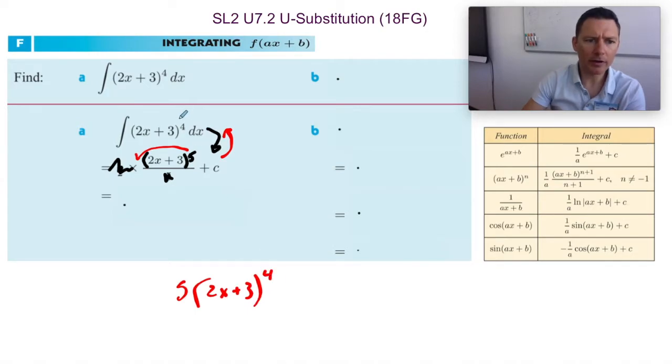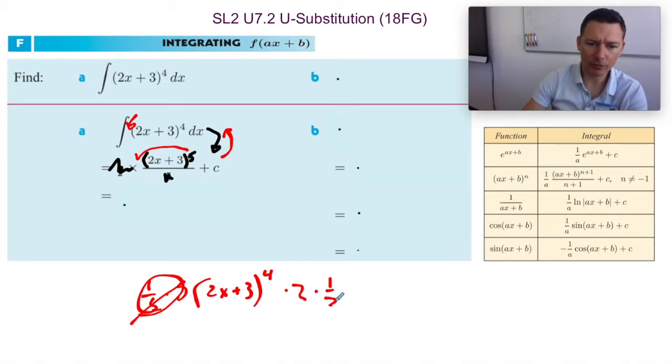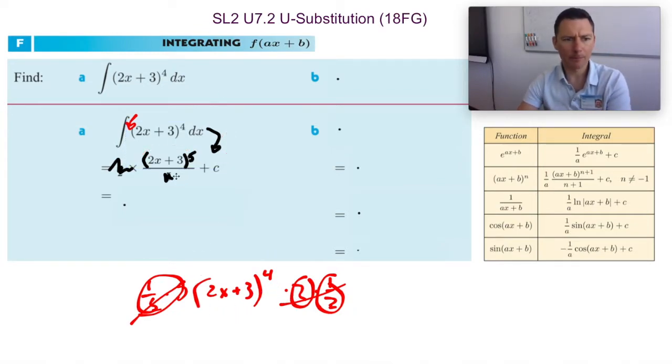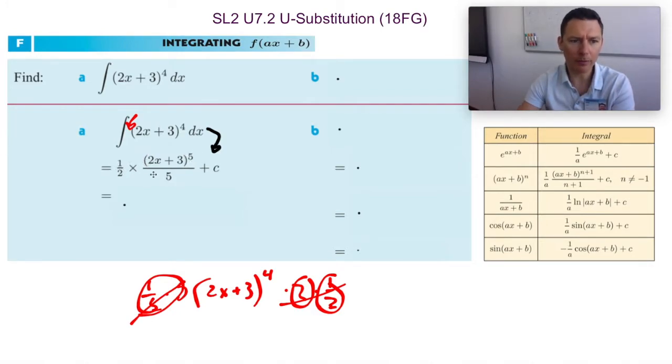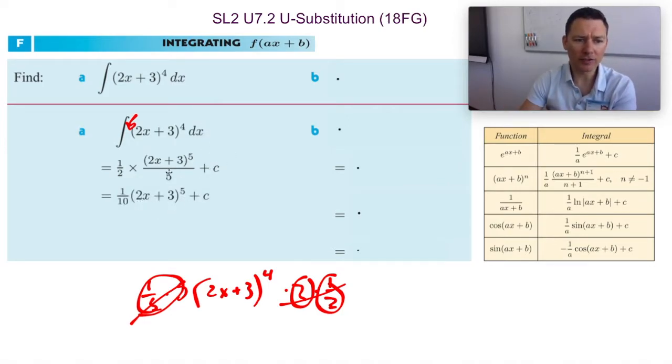This would decrease by 1 back to where we'd expect it to be, and then you'd multiply by the derivative of the inside, chain rule. I don't see anything here, so that means that there must have been a 1/5 to cancel out with that 5, and a 1/2, reciprocals, right, to cancel out with that 2. And so we're just left with this piece. So that's what this 1/2 and this 1/5 is. You can put it out front, put it underneath, it doesn't really matter, right? Plus C at the end. And so it looks like this, the 1/2 and the 1/5 get together and make a 1/10.